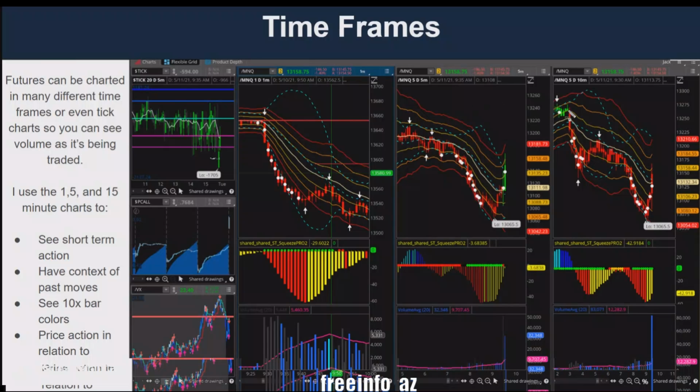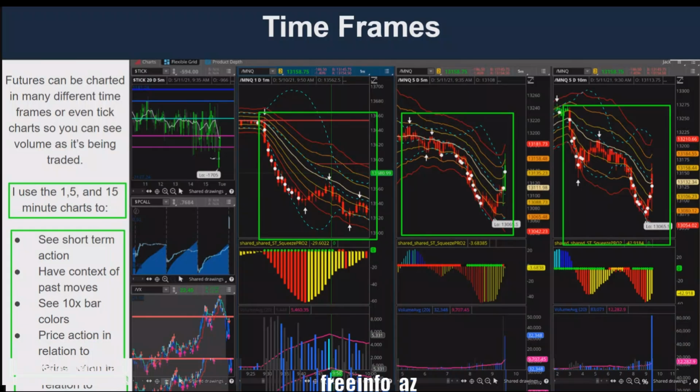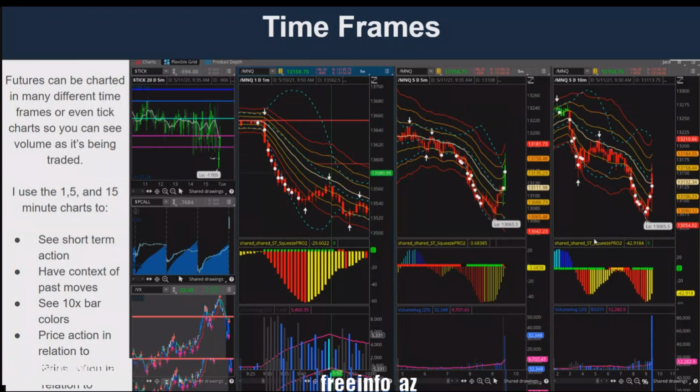The 5-minute gives me all the way from maybe 6 or 7 AM. From here, you can see it's a 1-minute chart. What I would look for is these three time frames, and I can give you a whole summary as to how I see the markets. Okay, so we'll do that.